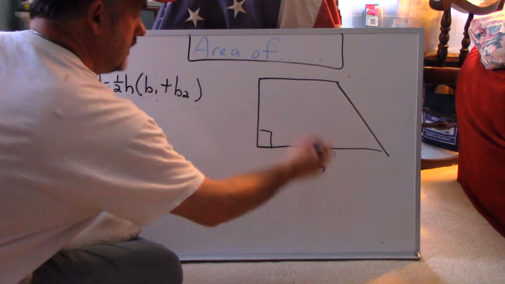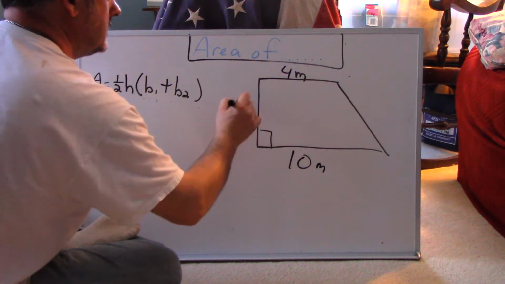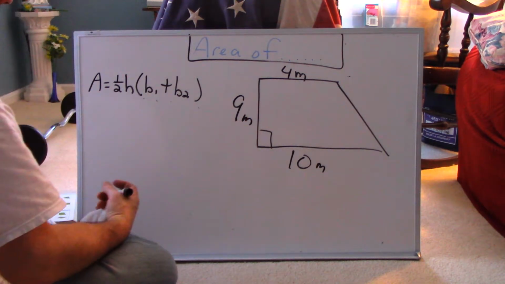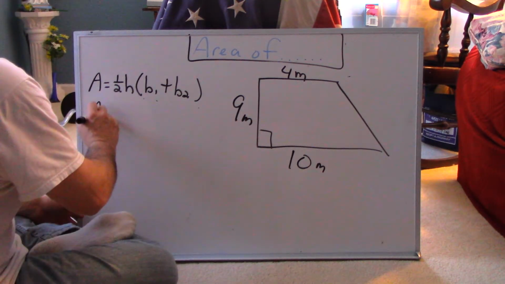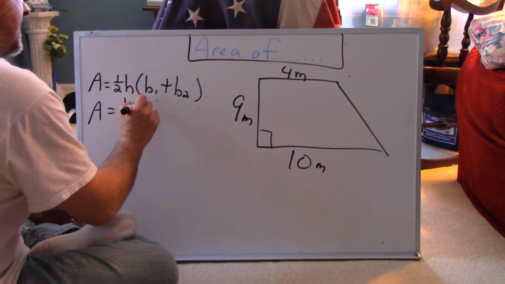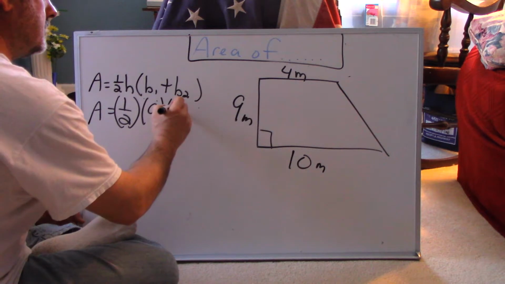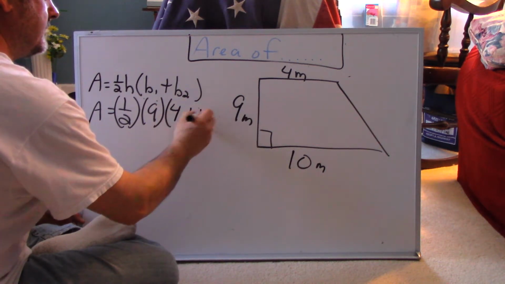Meters, 4 meters, 9 meters. Okay. It won't be even again, but that's okay. 1/2 the height, which is 9, times base 1 plus base 2, which is 10.